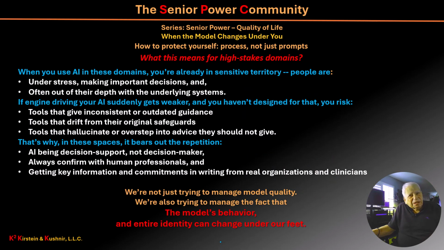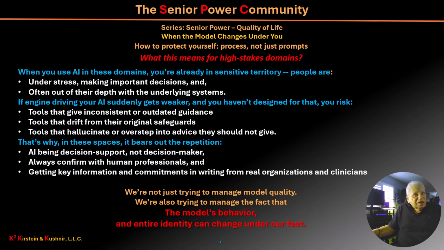What does this mean for high stakes domains? Rather critical piece of information to know. When you use AI in these domains, you already are in sensitive territory. People are under stress, making important decisions, and often out of their depth with the underlying systems.